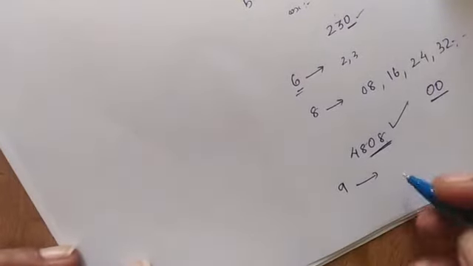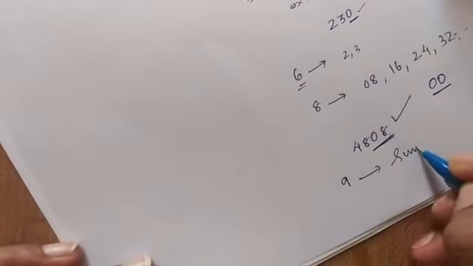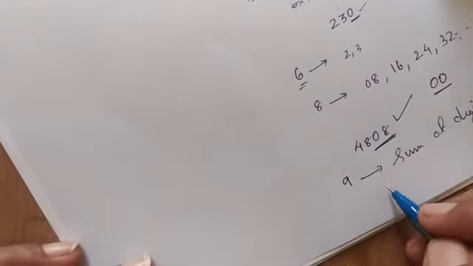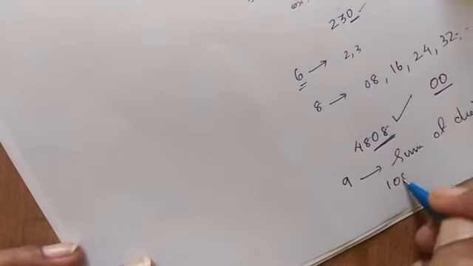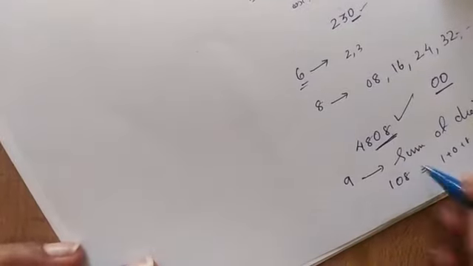For 9, similar to 3, the sum of digits should be 9. For example, 108: 1 plus 0 plus 8 is equal to 9, so 9 is a factor of 108.